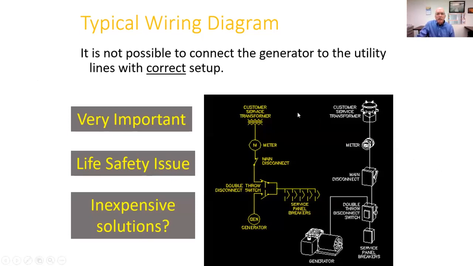But here on the left, we have the utility transformer, then we feed the meter on our house, then we have the main disconnect, and then through a double throw disconnect switch, this switch would only put in the utility and not connect the generator, or vice versa. When we switch that disconnect switch, we will put in the generator, but we will disconnect from the utility. And there's a pictorial on the right-hand side.